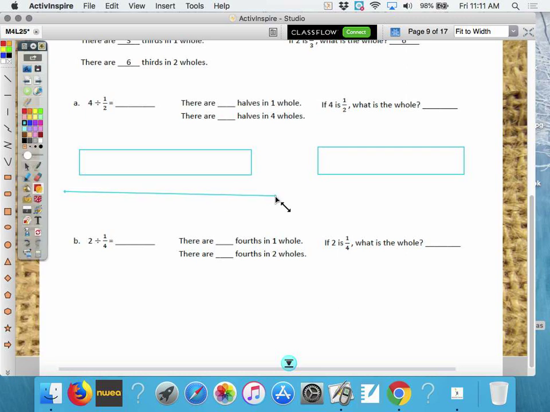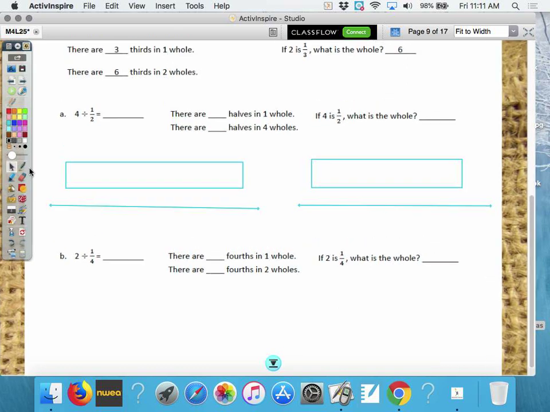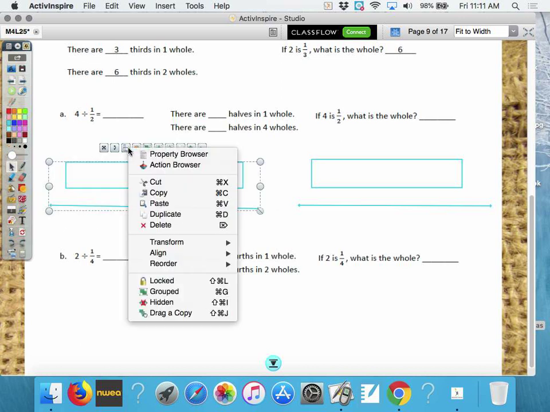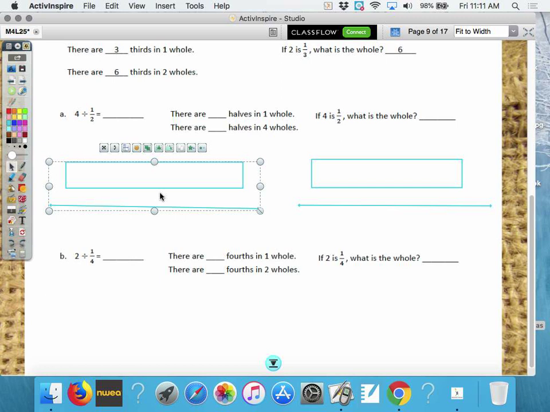Look at that number line. Are you impressed? Okay. I'll save that for later.